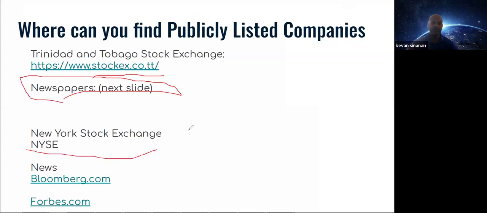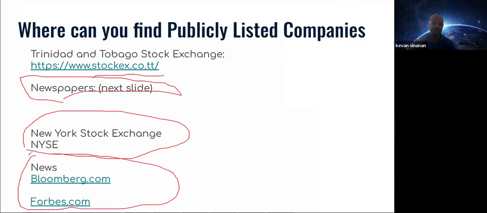If you go to the New York Stock Exchange, you'll find them there. If you want news about publicly listed companies, you can go to Bloomberg.com or Forbes.com. You can also follow them on social media and find information there.